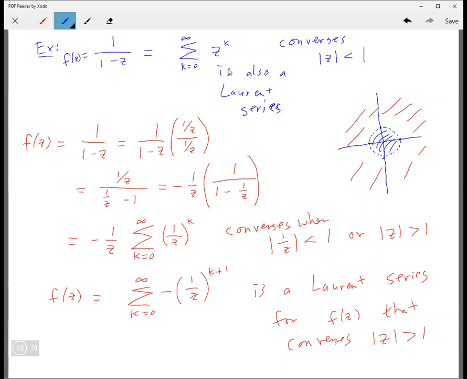So Taylor series are special cases of Laurent series where all of the negative terms are absent, where it just starts from 0 to infinity, and we've got up here.